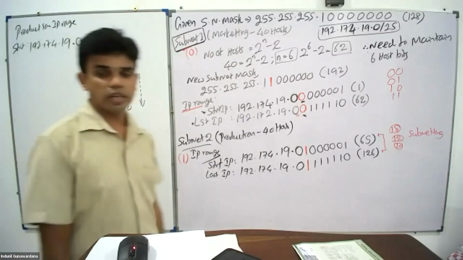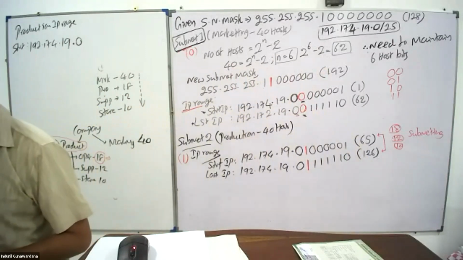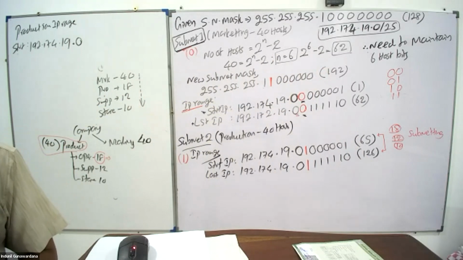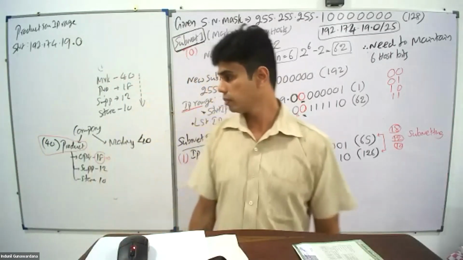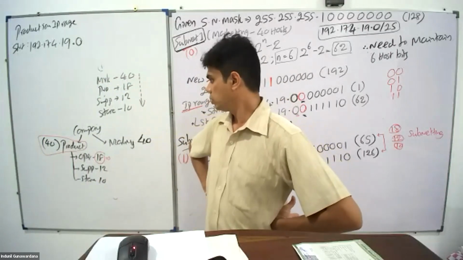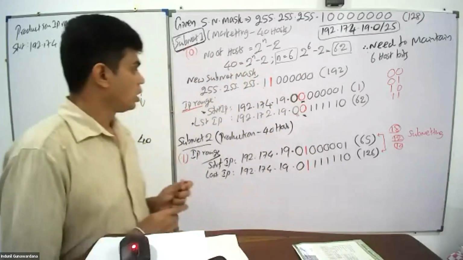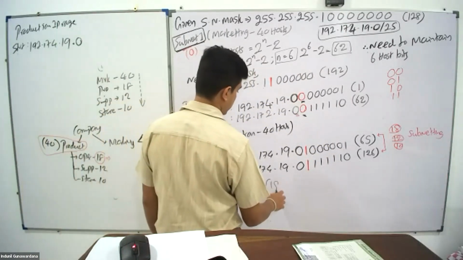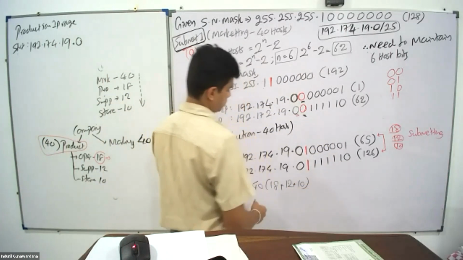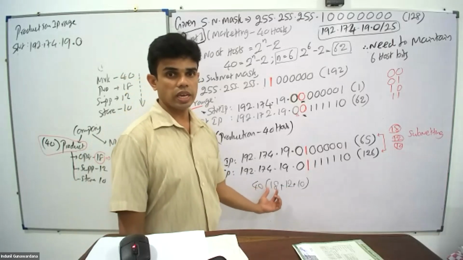When considering the production section, there are three subnetworks. Within it, 18 plus 12 plus 10.